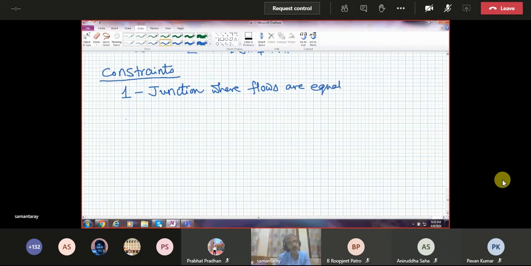We have zero junction, where efforts are equal. So I will take example of one junction.